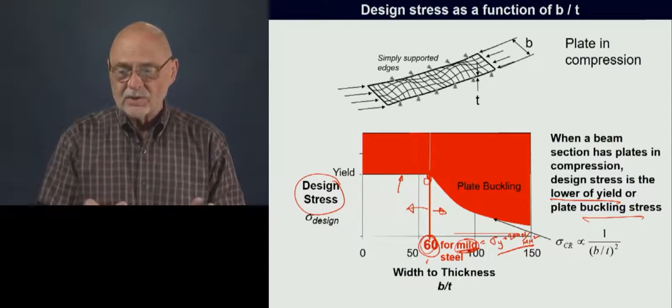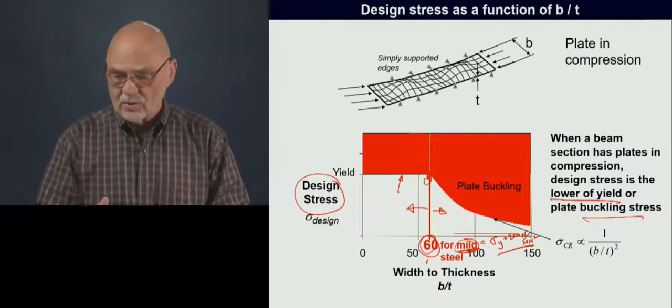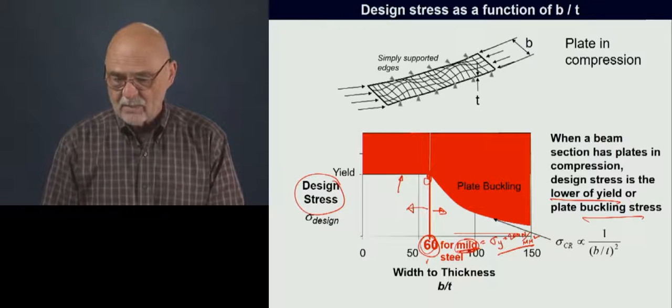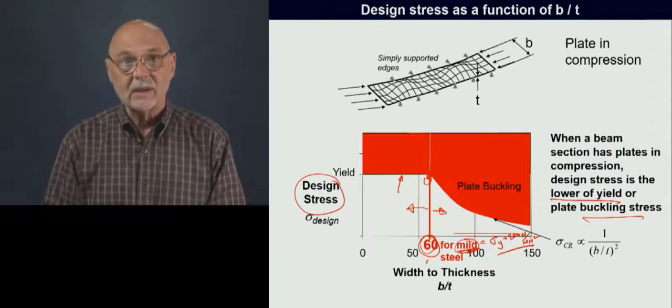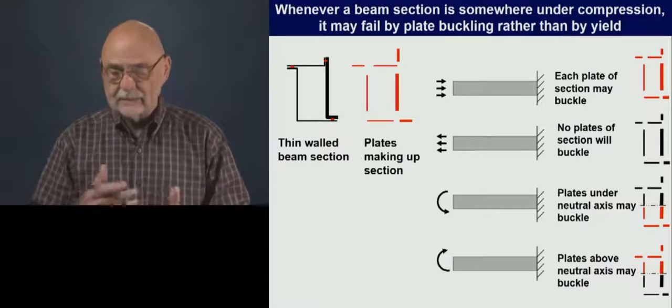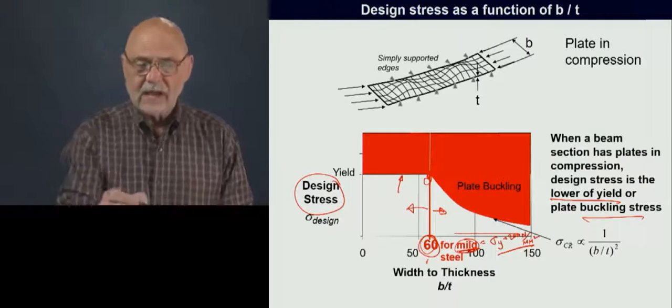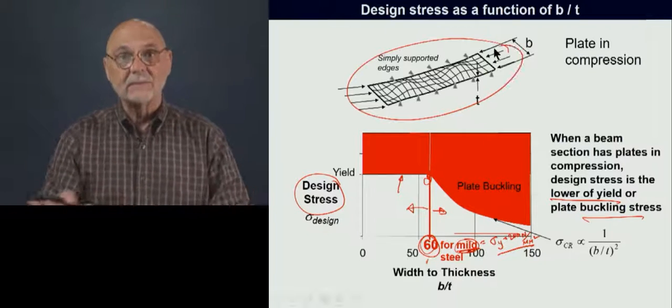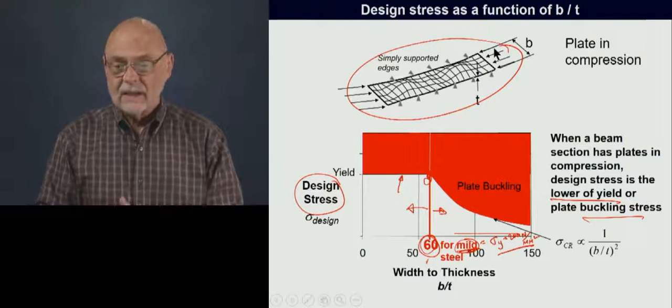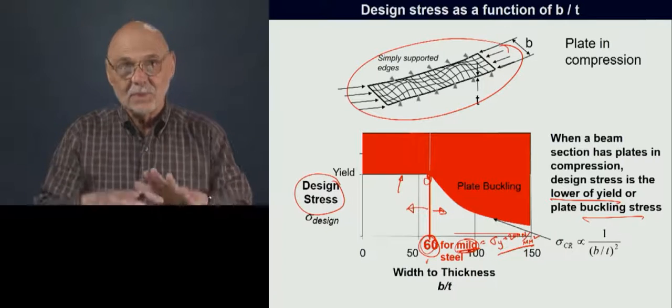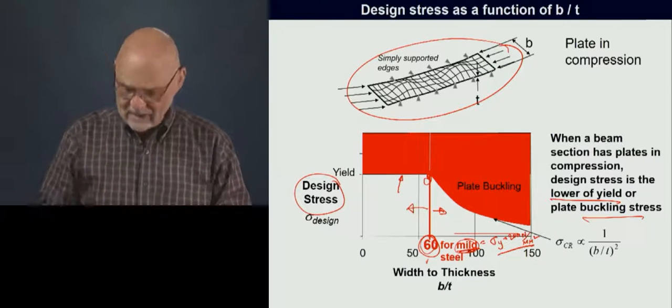We pretty well understand the idea of yield stress. What we're going to do in this lecture is start to talk about this idea of plate buckling stress and how we handle it. In the previous slide, we were looking at a single flat plate under a compressive load. And there are not too many pure flat plates in the car body.